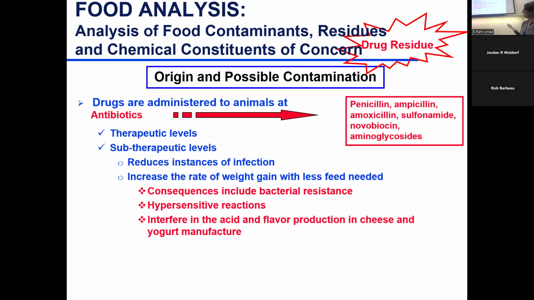Also bacterial resistance. So basically if the animal uses a lot of the antibiotics, the bacteria becomes resistant and then the antibiotics no longer work. So that's why there is also zero tolerance for antibiotics in milk or in animal meat products.